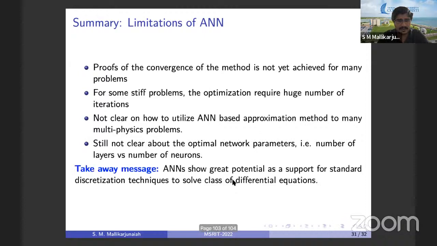The takeaway message is ANNs have great potential as a support for standard discretization techniques to solve a class of differential equations. Now, we always look for whether my method is faster or not.